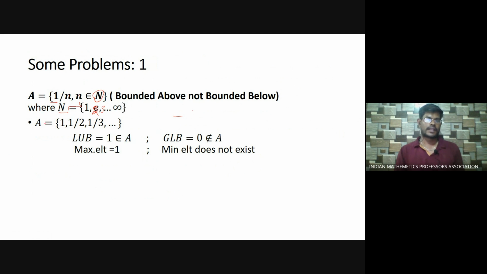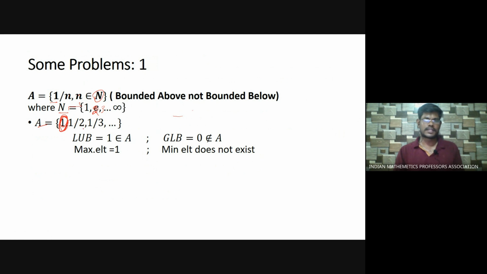So we can write the set A as 1 by 1 equal to 1, 1 by 2, 1 by 3, 1 by 4 up to infinity. Here we have a maximum value of 1.